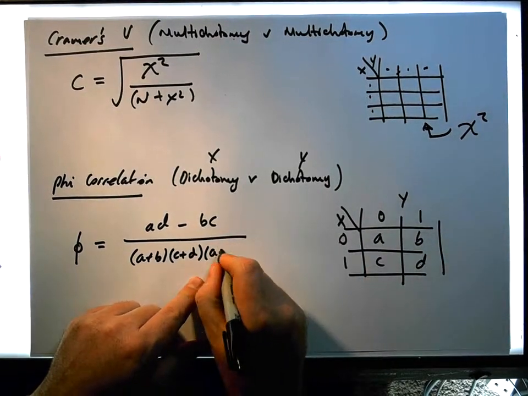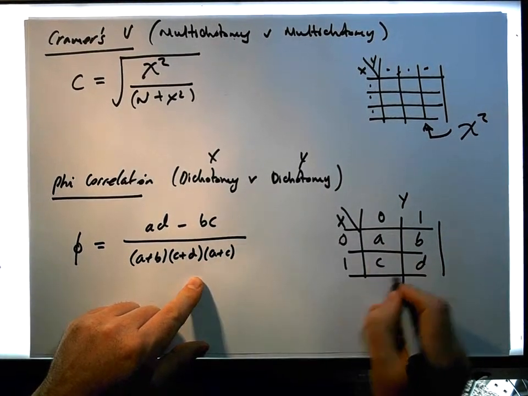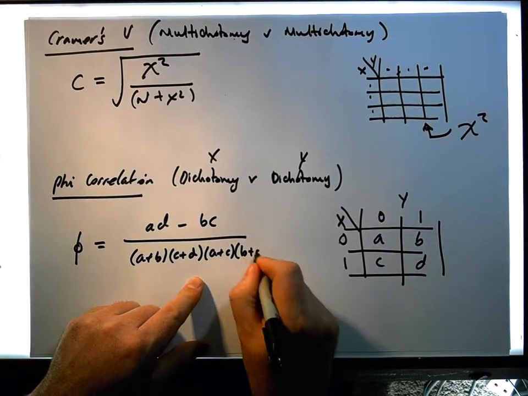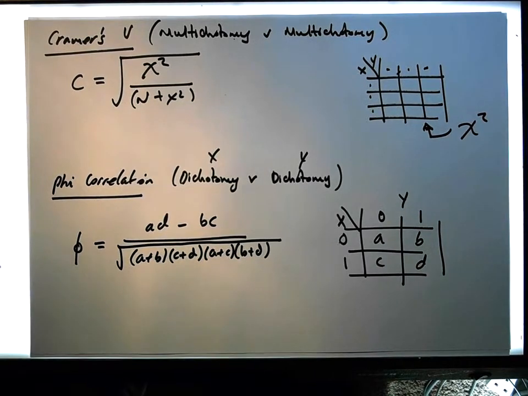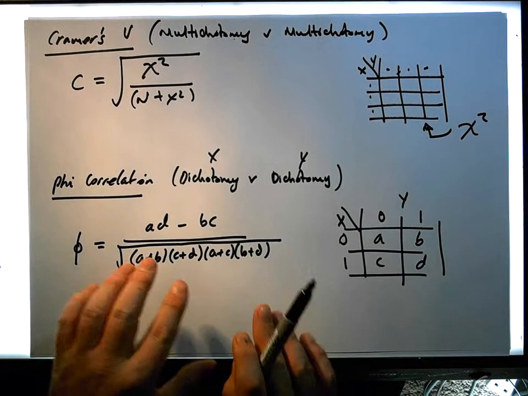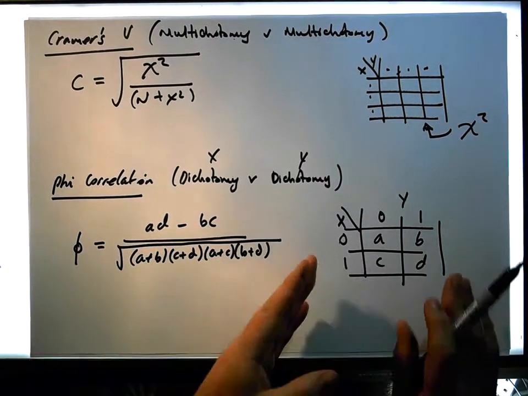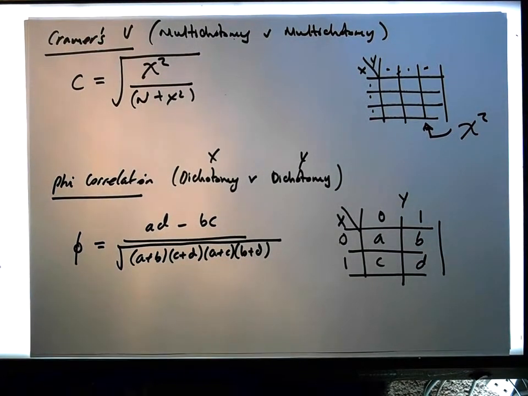So A plus C is the sum of this column, and B plus D there. And it's the square root of that particular calculation.